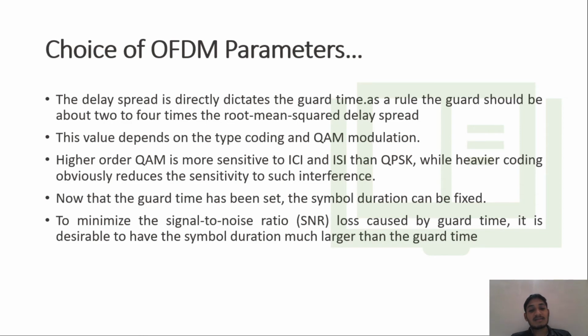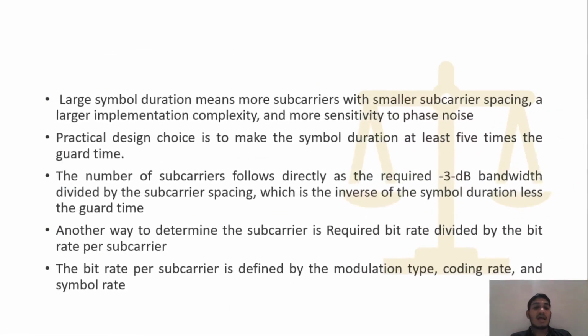To minimize the signal-to-noise ratio (SNR) loss caused by the guard time, it is desirable to have the symbol duration much larger than the guard time. A larger symbol duration means more subcarriers with smaller subcarrier spacing, a larger implementation complexity, and more sensitivity to phase noise. A practical design choice is to make the symbol duration at least 5 times the guard time.